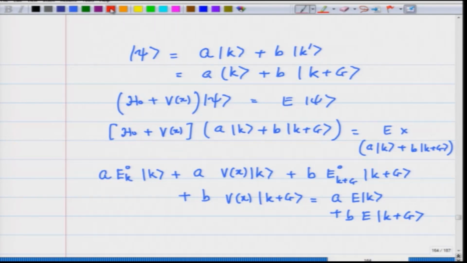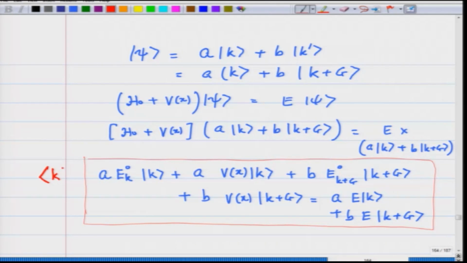This is the working equation for the second order perturbation theory. From this, I will once take the expectation value with respect to k and once with respect to k plus g, and I will get two equations. Let us do that now.